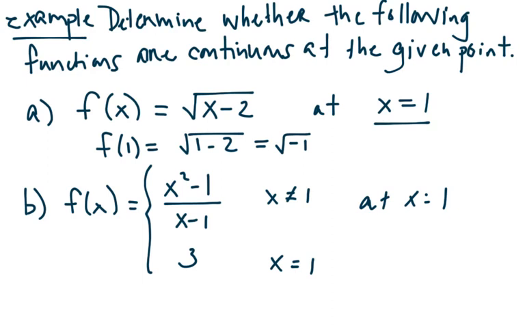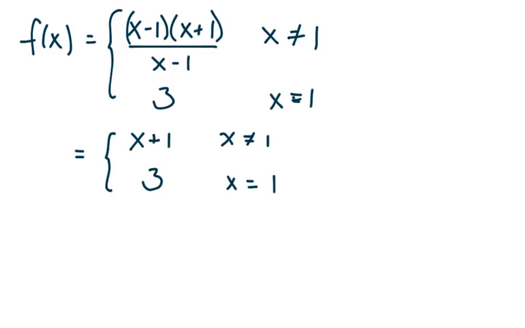So the first thing I'm going to do is simplify this rational expression. So if I simplify, I'm going to get the following. Okay, so here you can see that I factor the numerator into x minus 1 times x plus 1. We can then cancel the x minus 1 over x minus 1, because x minus 1 over x minus 1 is equal to 1.